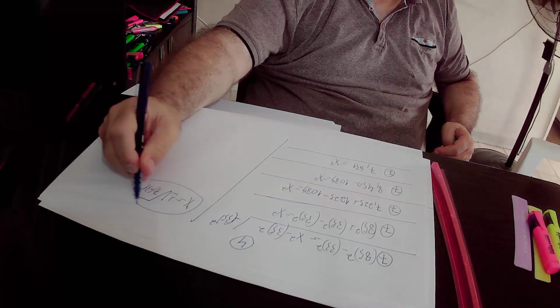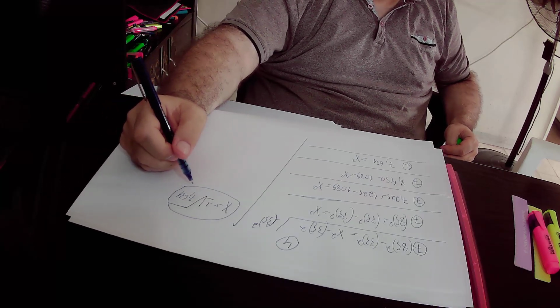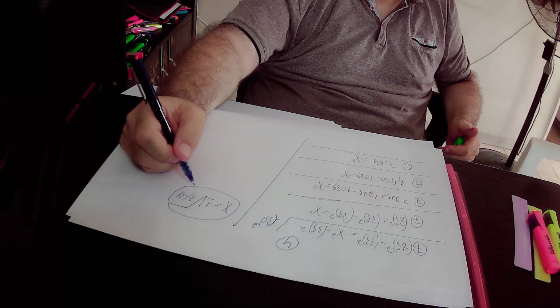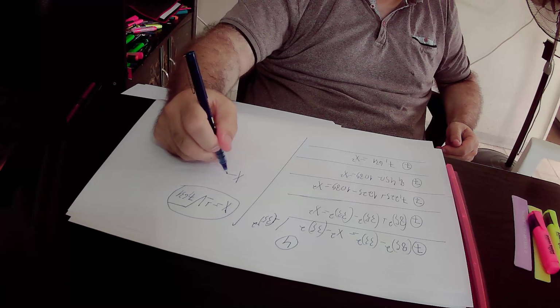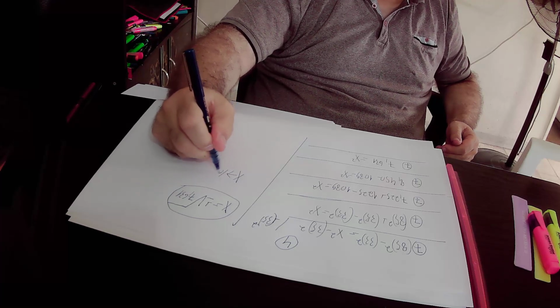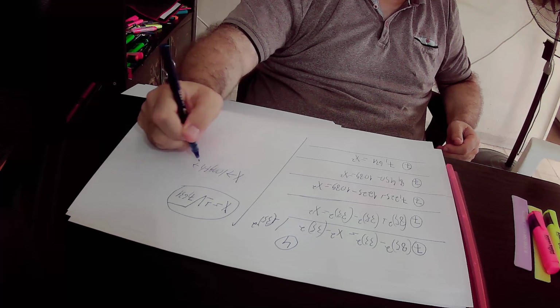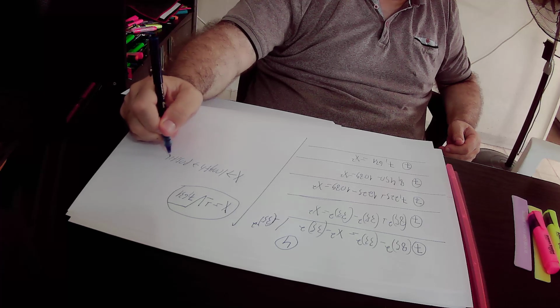So here we have two possible solutions for x. One is a positive solution and the next one is a negative. But because x is a length, it must be a positive number, so we take into account only the positive solution.